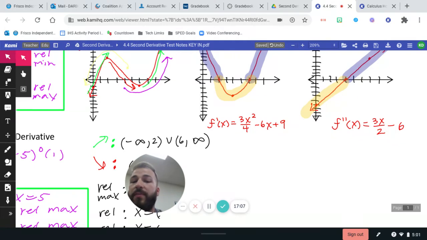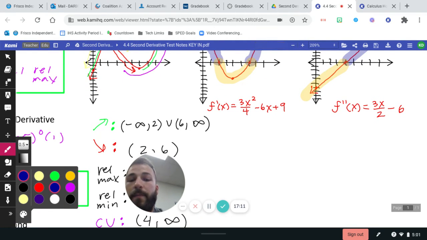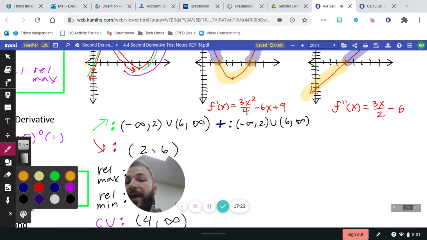So F prime is positive on the interval negative infinity to 2 in union with 6 to infinity, and negative on the interval 2 to 6. Notice how positive lines up with increasing, negative lines up with decreasing.